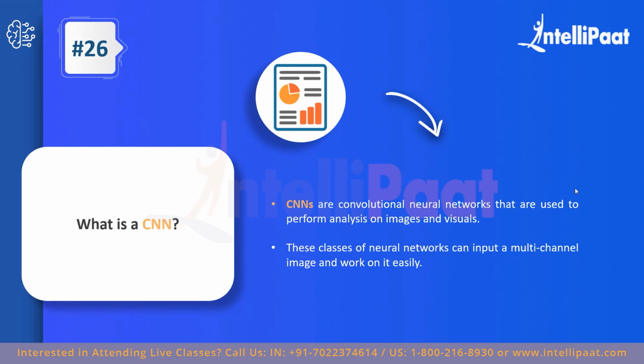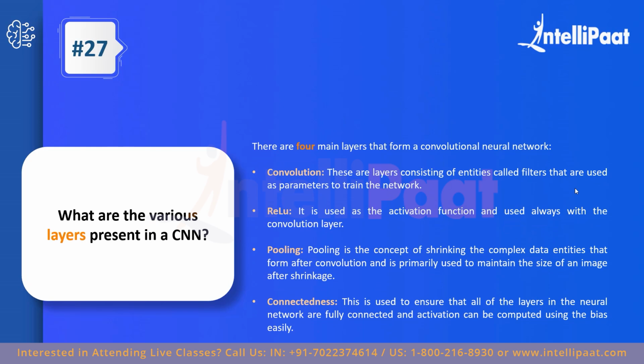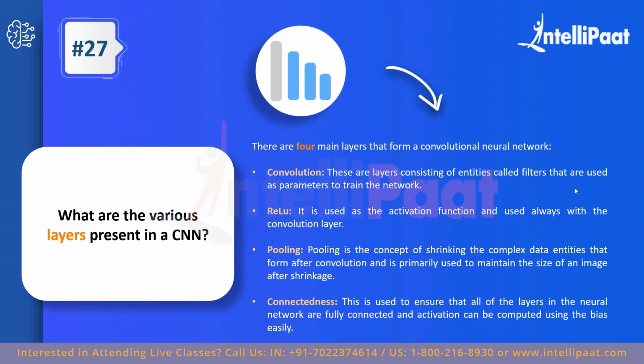Colored images will have 3 channels, red, green and blue, the RGB structure, and so much more as well, right? So a CNN has the ability to easily work with, classify, and give you meaningful outputs on all of these images and visual data. Now, if we talk a little bit more about CNNs, the next question can be, what are the various layers that are present in a convolutional neural network?